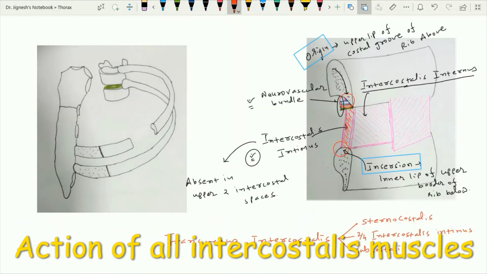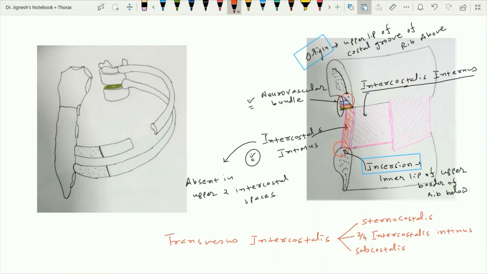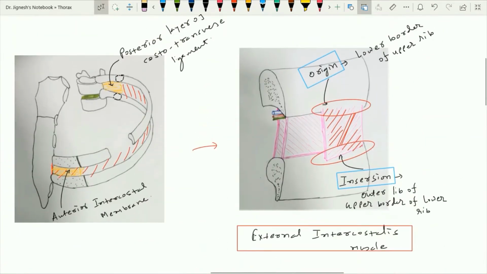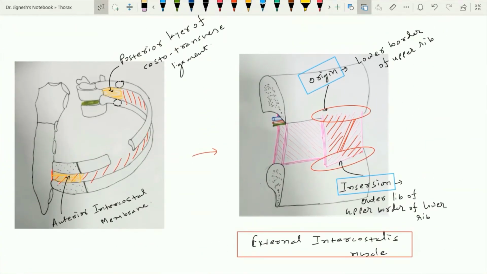And when we see the action of all the three muscles, they are collectively responsible for prevention of the blowing out or the sucking in of the intercostal spaces during respiration, and the specific action of the external intercostalis muscle: when it contracts, it is responsible for the elevation of the rib, and this elevation of the rib is helpful in inspiration.